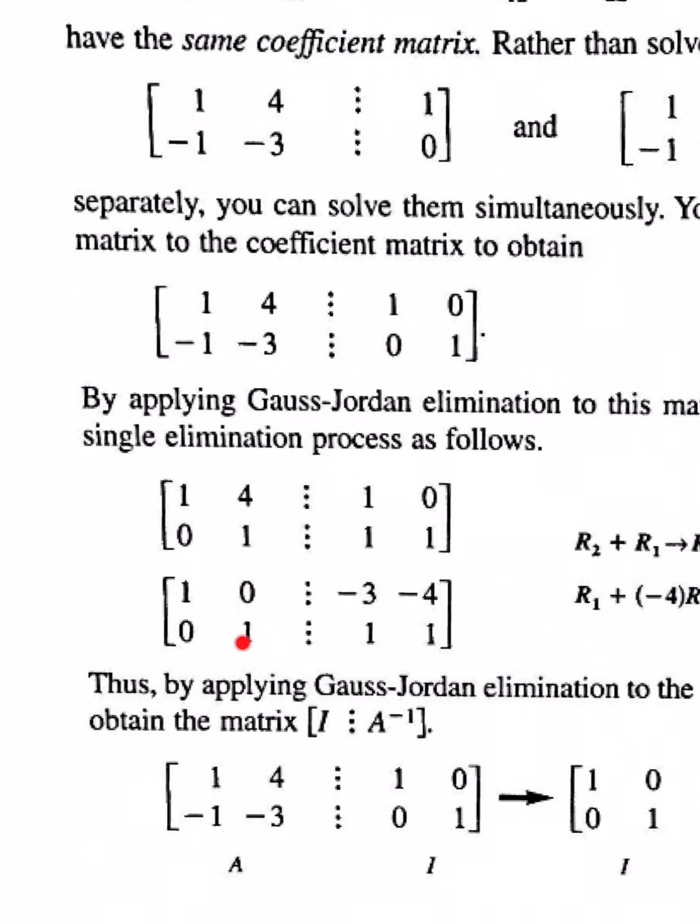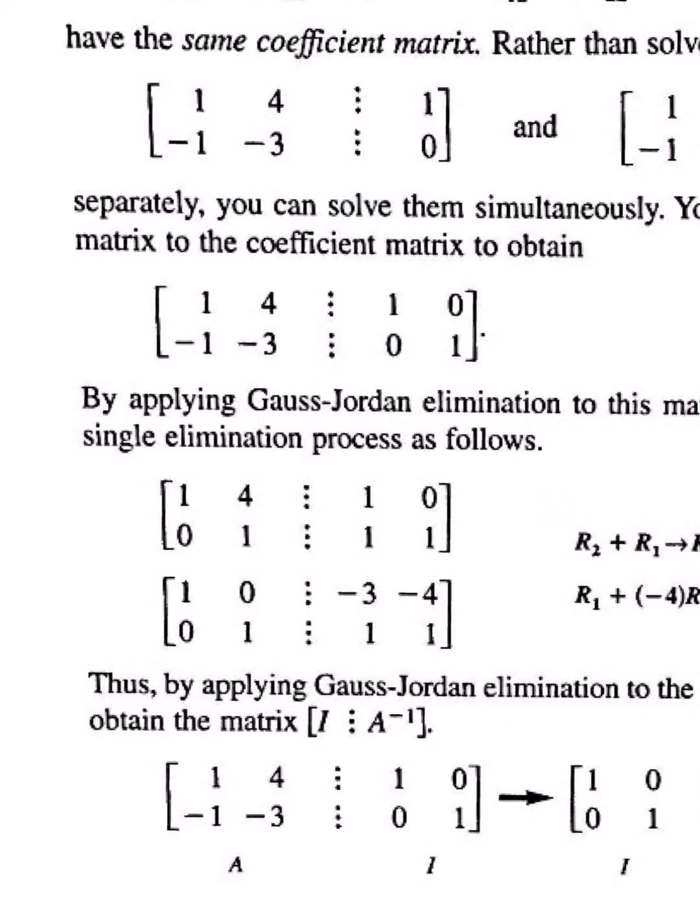We use row operations after we get a 0 here, and then a 1, then we work back up here to get a 0. I will show you how to do that later. We now have 1, 0, 0, 1, the identity over here.